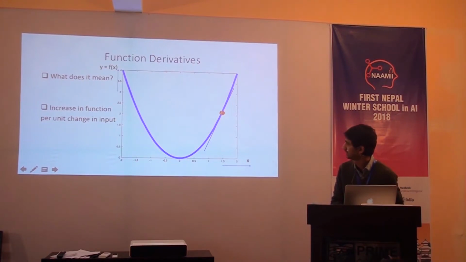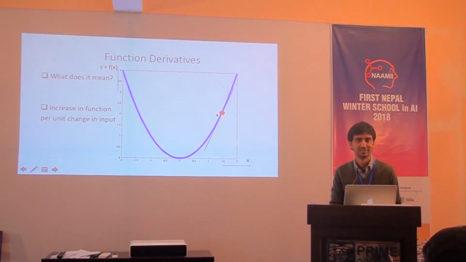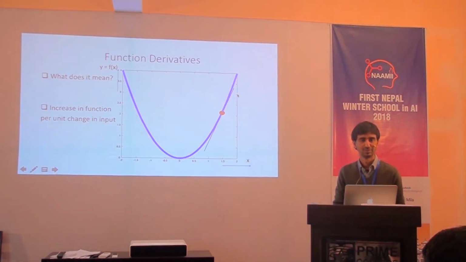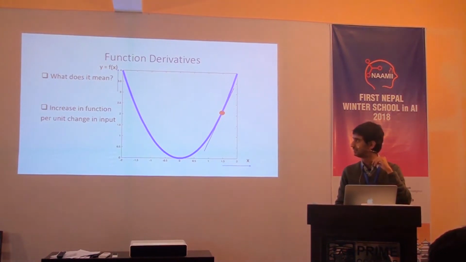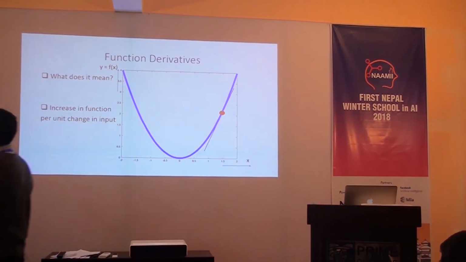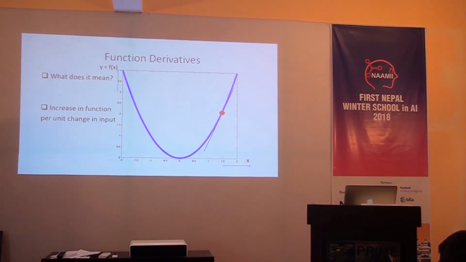Can you guess what's the direction of this derivative? Who said upward? Like this. What does it mean by direction of derivative? Is it a vector? It's not a vector, right? Here, if you take the derivative of y equal to x squared, you have 2x.